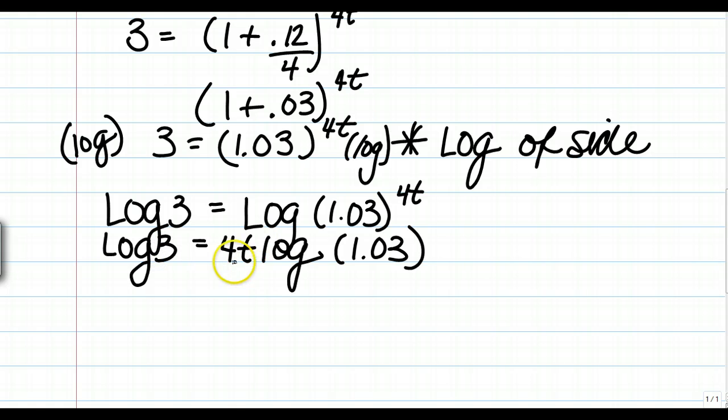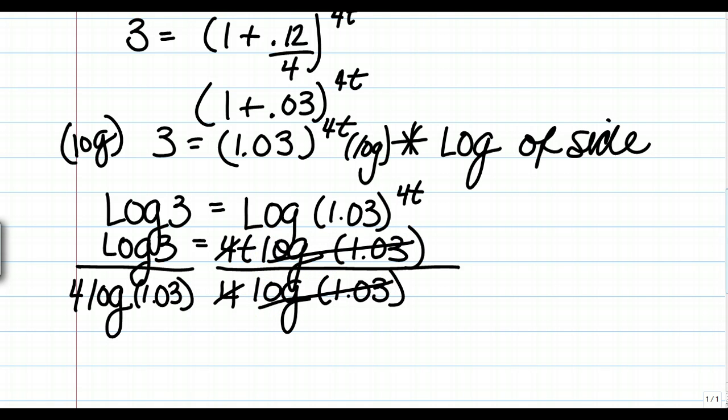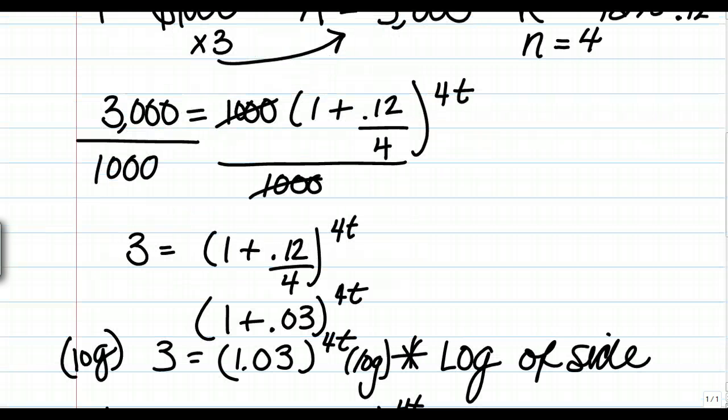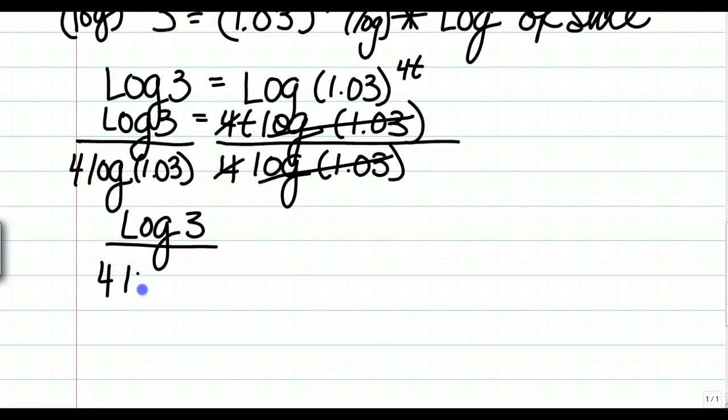I've got to solve for t, so now I'm going to divide by 4 log 1.03, so these will be gone, and I'm going to have t equaling the log of 3 divided by 4 log of 1.03.